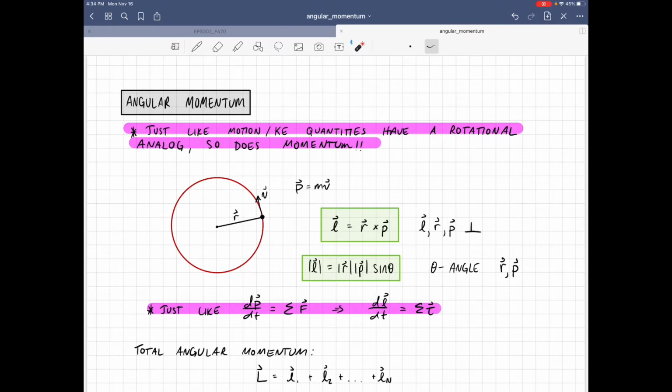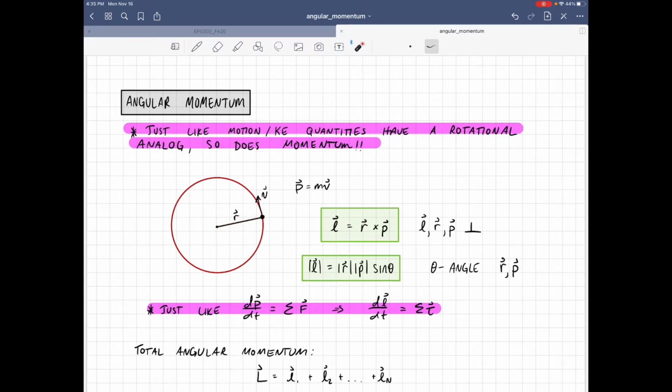So it not only takes into account the linear momentum of the object, p, but also how far away that object is located from some axis point, some point of interest. And typically, you'll be looking at things that are rotating or orbiting, and so this radial distance here is sort of out from the center.